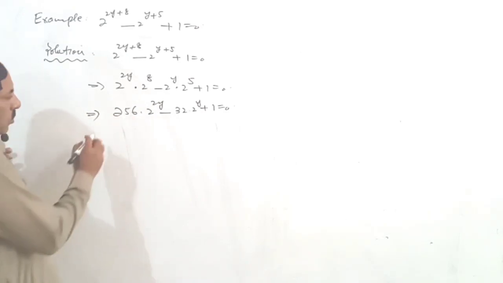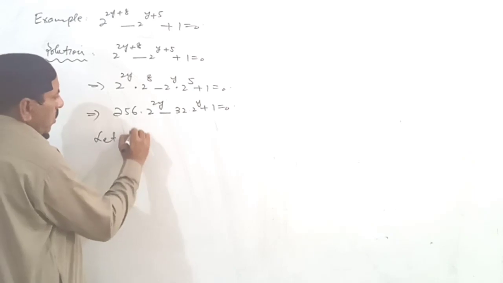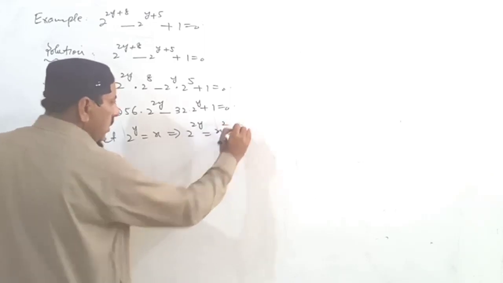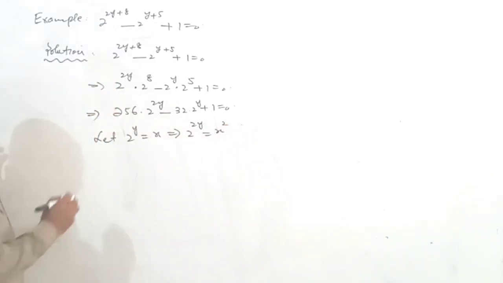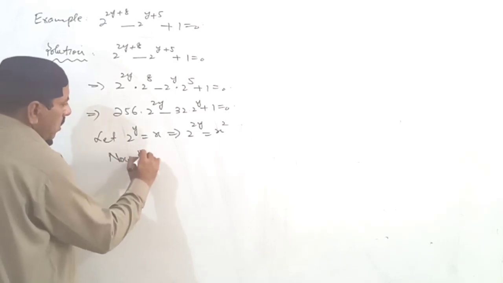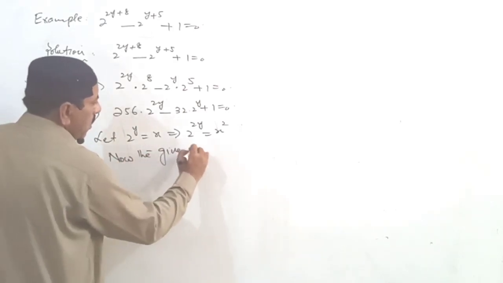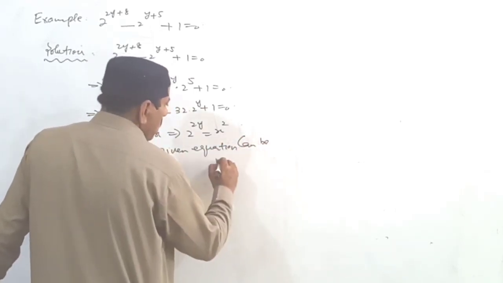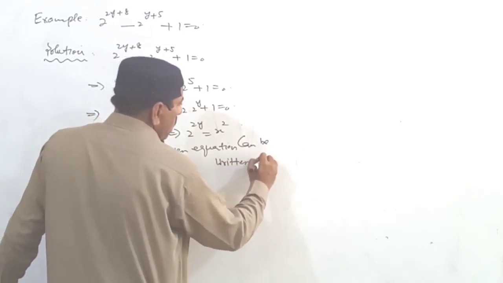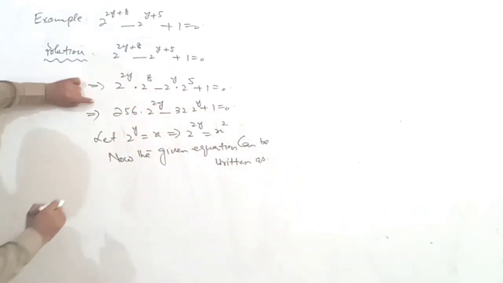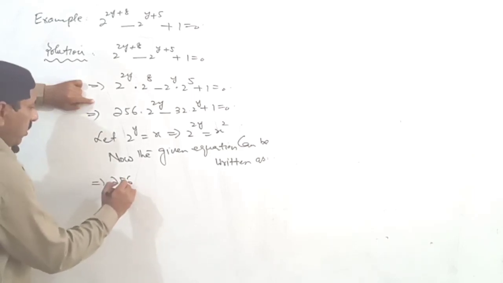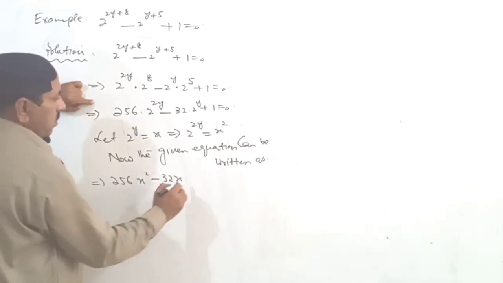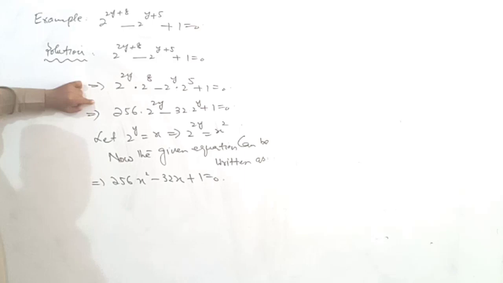So let 2 power y be equal to x. It implies that 2 power 2y will be x squared. Now the given equation can be written as 256x squared minus 32x plus 1 is equal to 0.